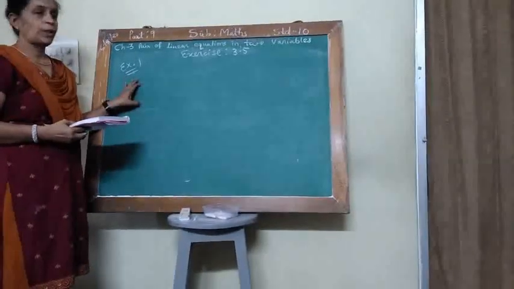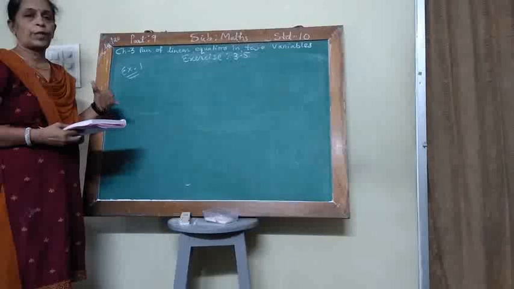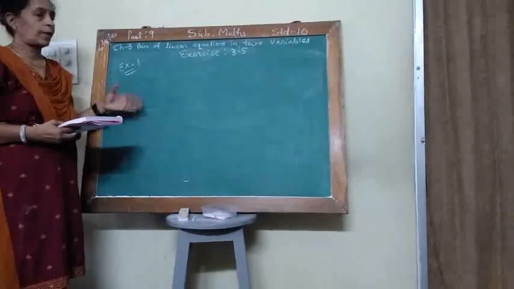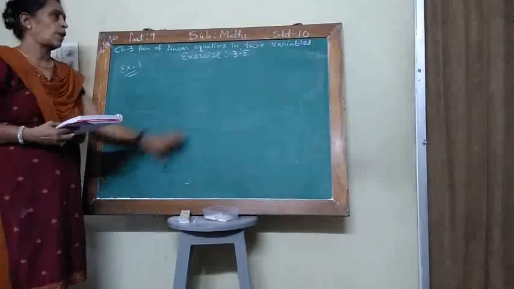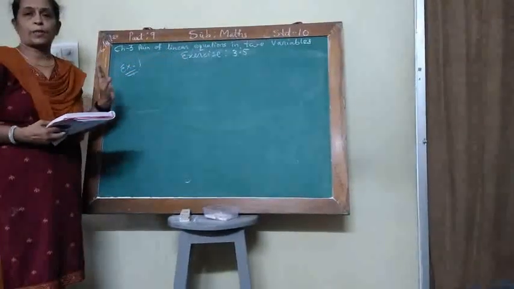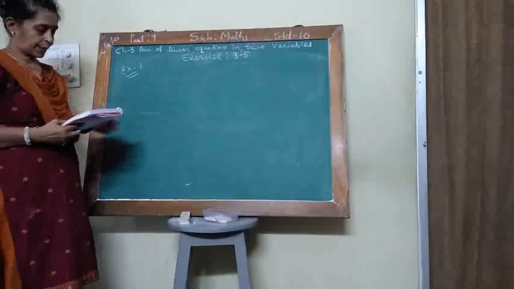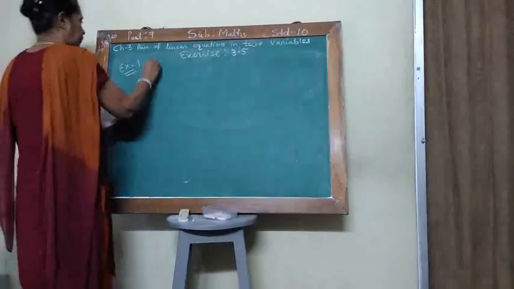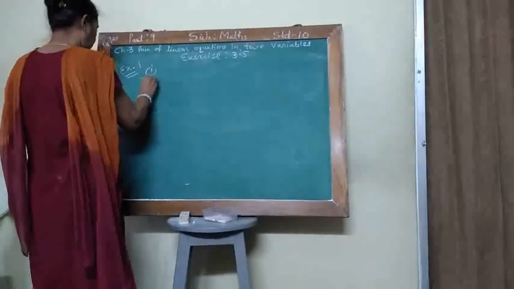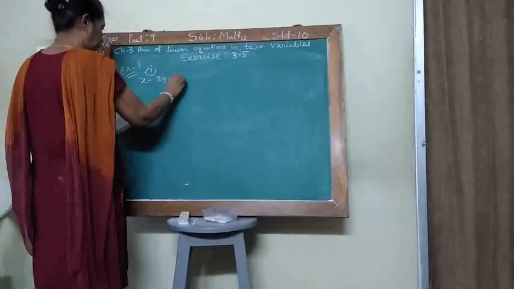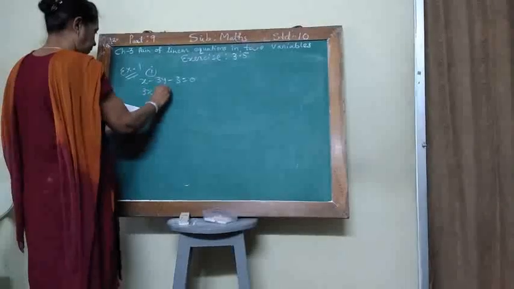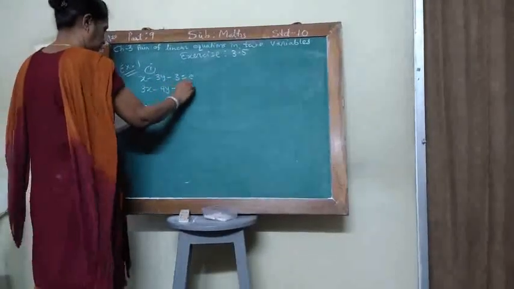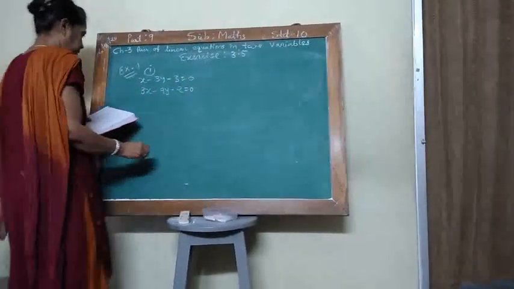So first you have to determine whether the equations have a unique solution, no solution, or infinite solutions. If a unique solution exists, then you apply the cross multiplication method and find the values of x and y. So I write the first one, x minus 3y minus 3 equal to 0, and the second equation 3x minus 9y minus 2 equal to 0.